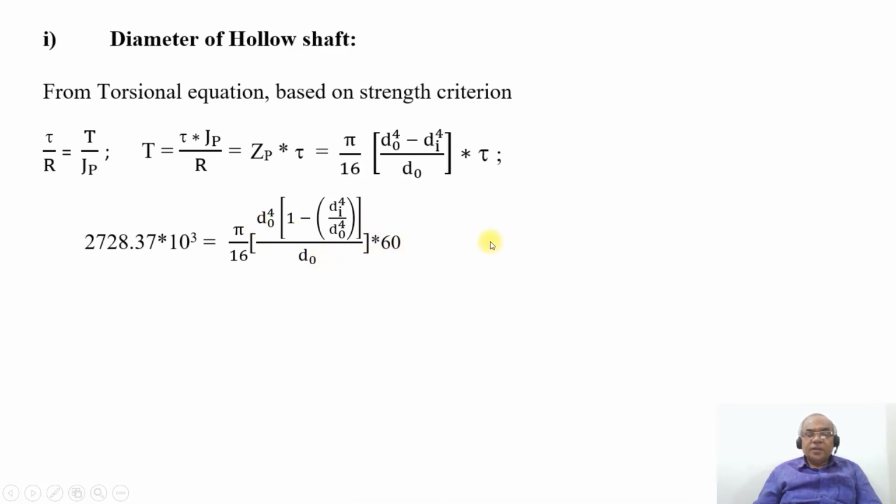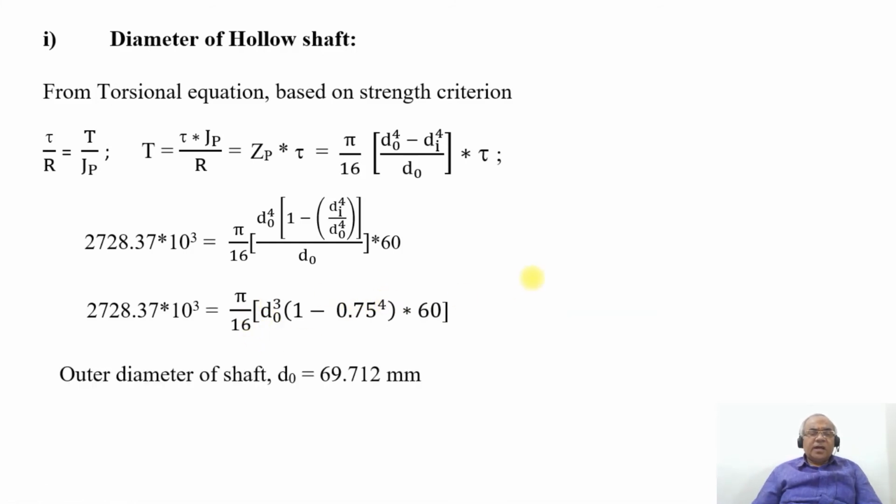Again you re-simplify that: 2728.37 into 10 to the power of 3 is pi by 16 into d naught cube into 1 minus, the ratio of di by d naught being 0.75, to the power of 4, into 60. The entire thing is d naught cube into 1 minus 0.75 to the power of 4, into 60, the whole thing multiplied by pi by 16.